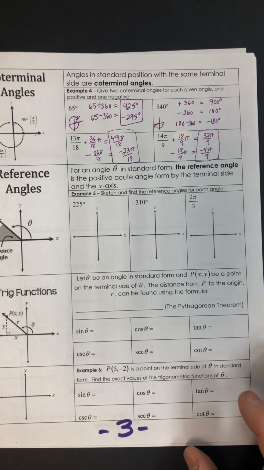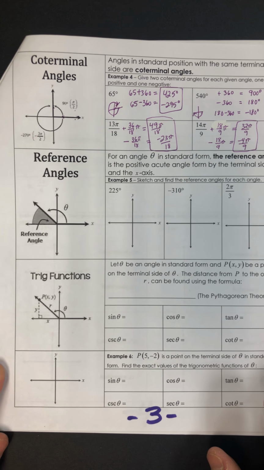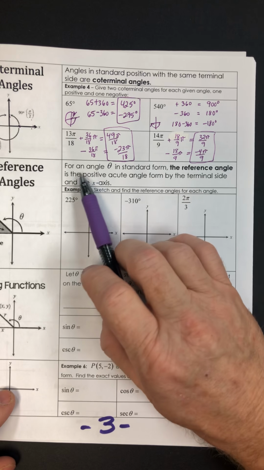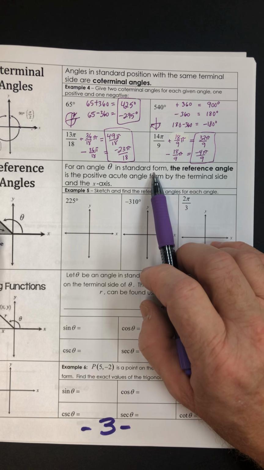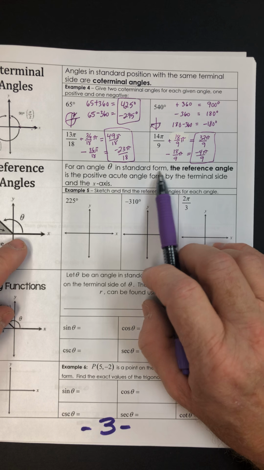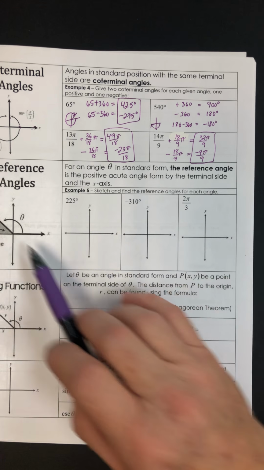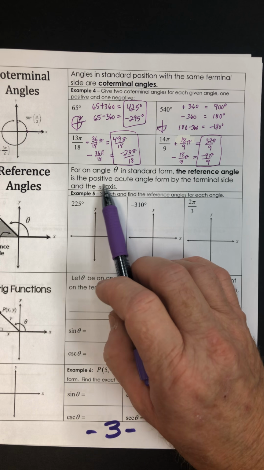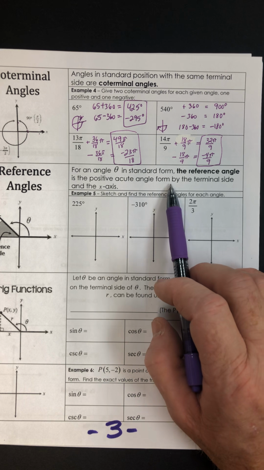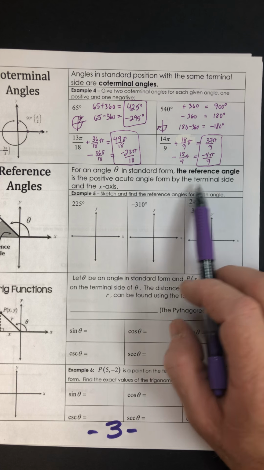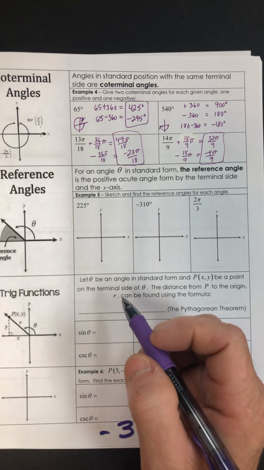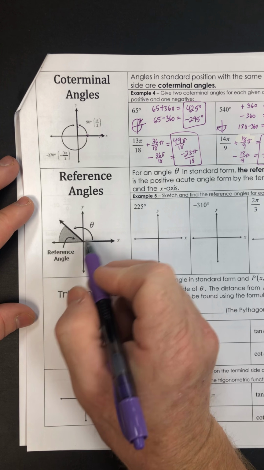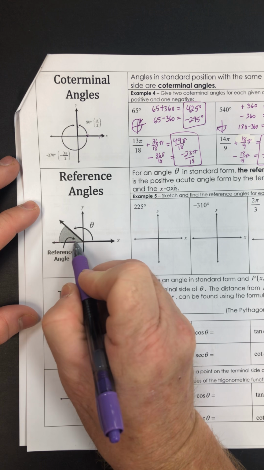Okay, we talked about reference angle. Reference angle, let's read, for any angle in standard form. The reference angle, so for any angle, no matter where it is, is the positive acute angle formed by the terminal side and the x-axis. So essentially, you draw your angle, and then you look at the x-axis.